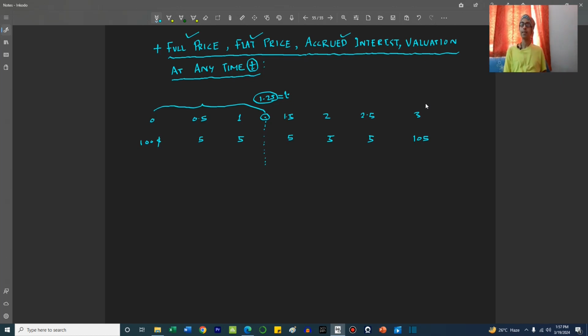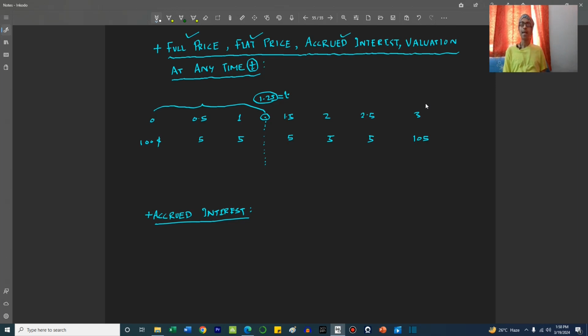Let's understand it. Accrued interest is basically the proportion of the interest that is pending at any interim. Now the accrued interest is basically the interest payment which is pending at any interim time between 2 consecutive interest payments.